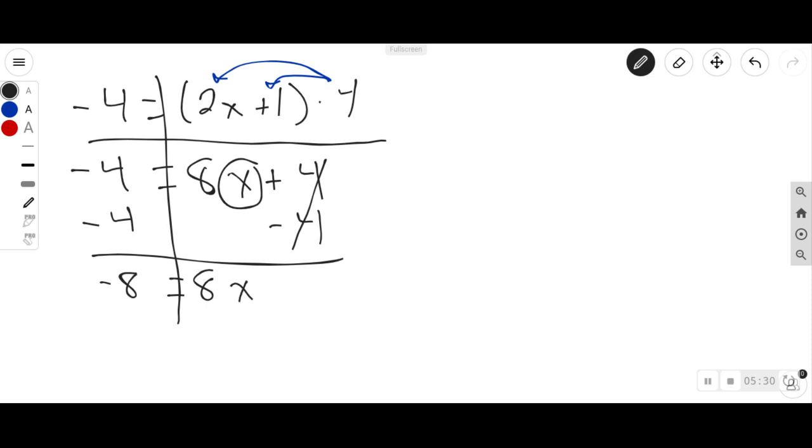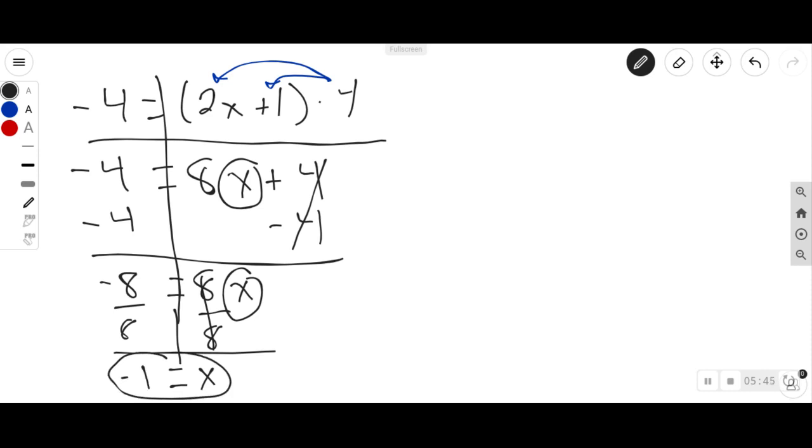And bring down the 8x. To get rid of the 8, I'm going to divide it to the other side. So x equals negative 8 divided by 8 is negative 1. Now that's our answer. Now we need to check and see if it's also our solution.